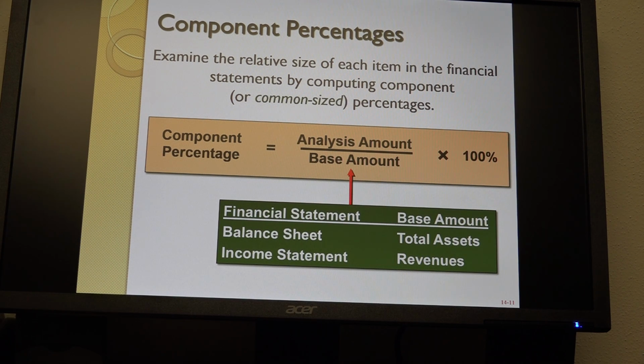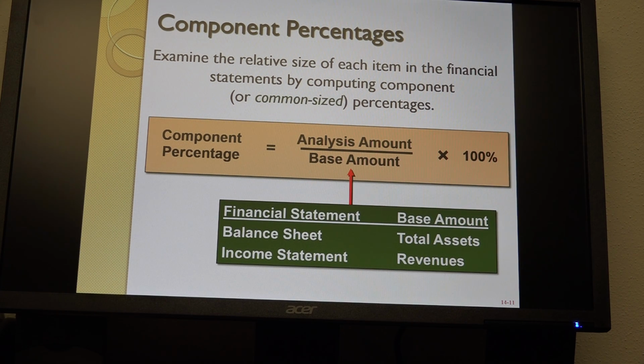All right, so component percentages. They indicate the relative size of each item included in a total. So again, here you're going to use the analysis amount as your numerator, your base amount as your denominator, and you're going to multiply that number times 100%.